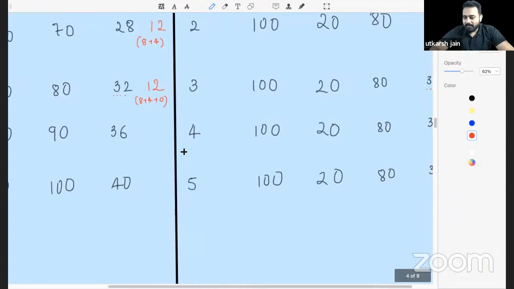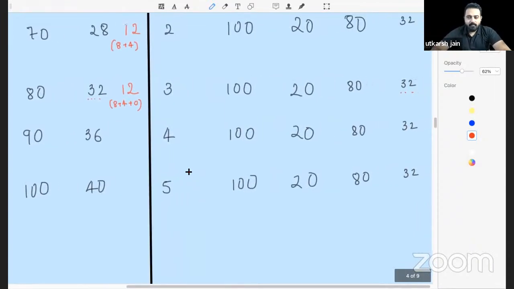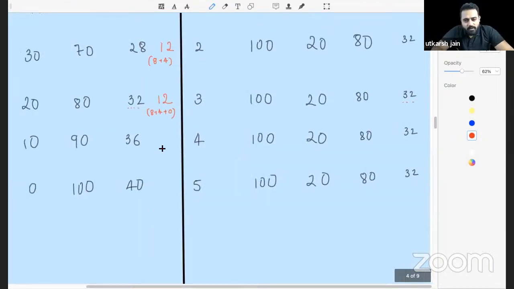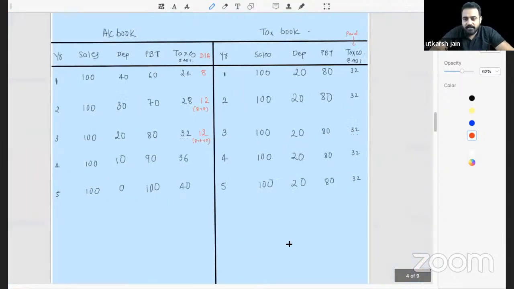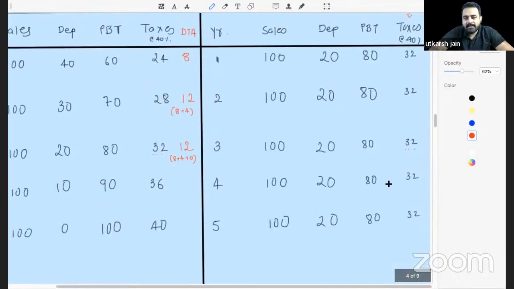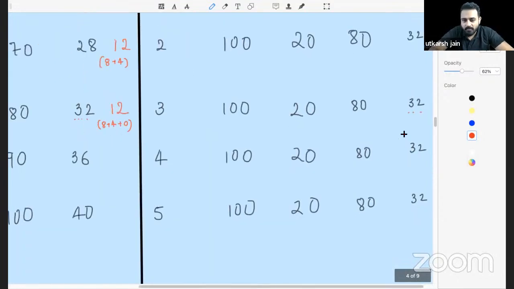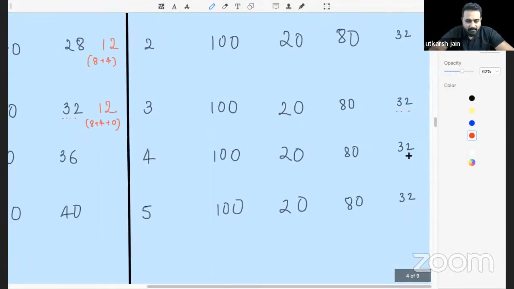Now something strange happens. What happens now? You do your books of account, and this year your books of account says 36. Then again, you call up the tax division within your office. You tell them, hey guys, I'm sure you've done your calculation. What's your number? Those guys say, my number is 32. You say, what? You're paying less?